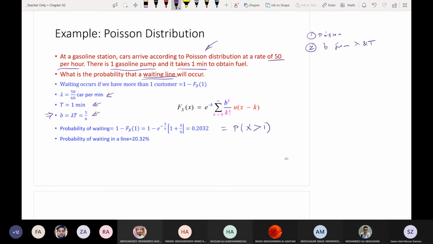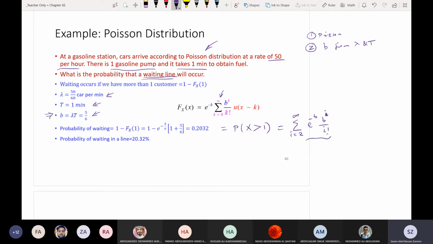Right? Strictly larger than 1 means the summation from i equals 2 to infinity, because Poisson goes to infinity, not up to n, of e to minus b, b to the k, over i factorial.